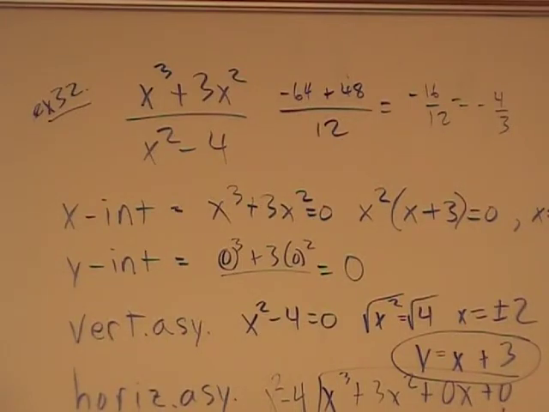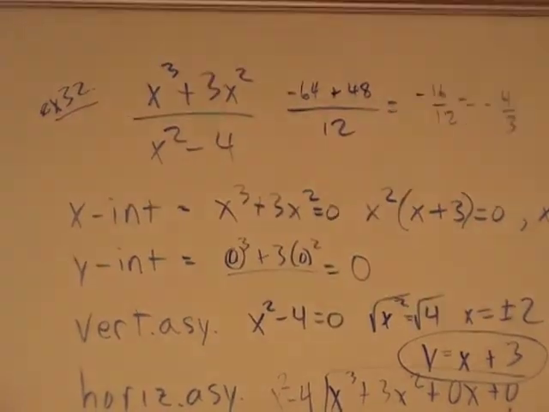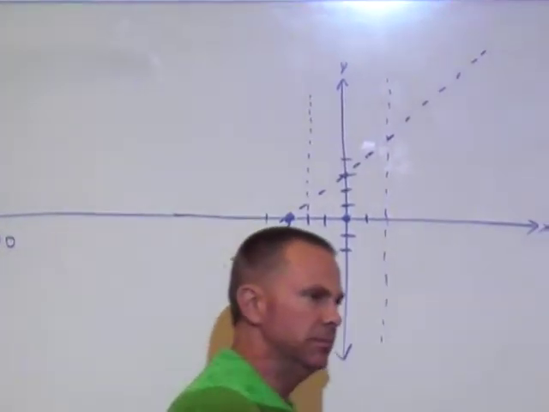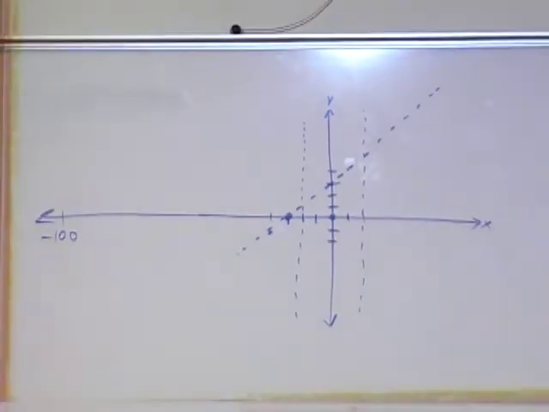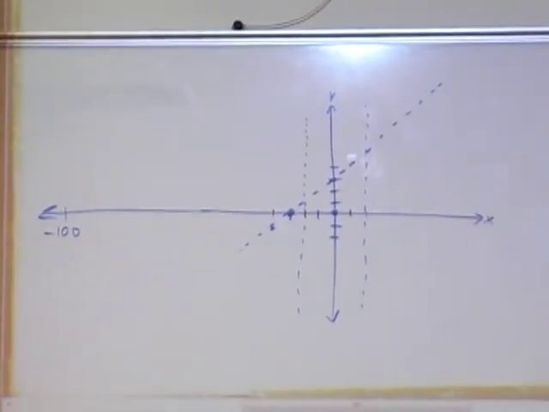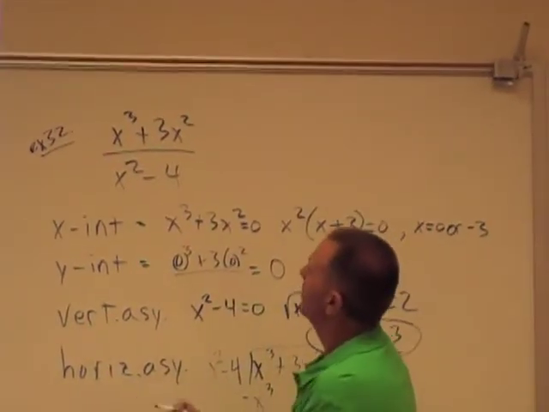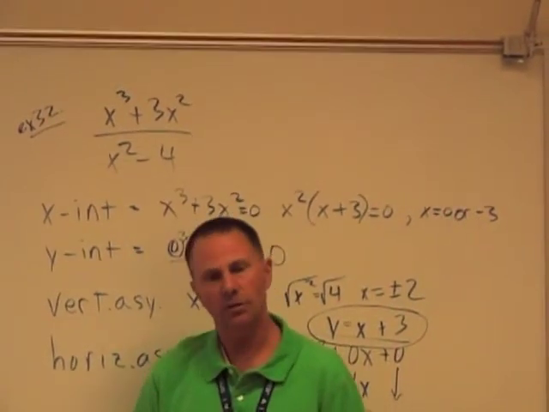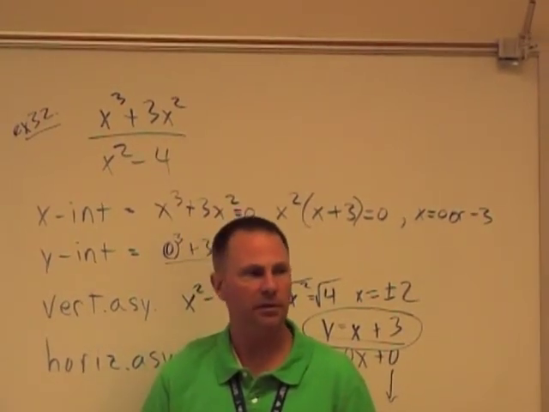Okay, smarties, since you're all so smart, -100. Positive and negative is what I want here. Look at your leading degrees. Is the numerator going to be positive or negative?